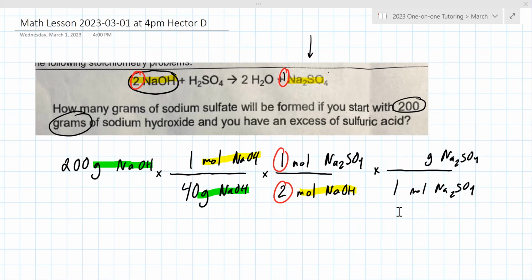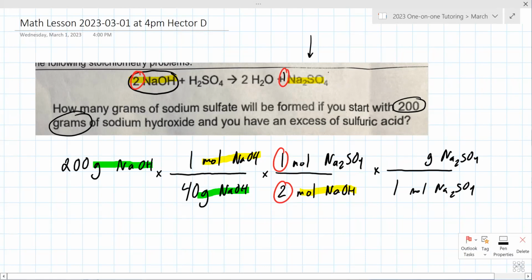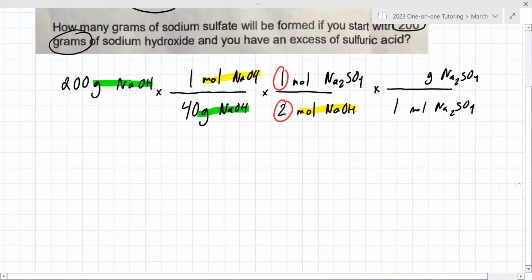Yeah, can we do that with a little bit more detail, please? Sure. So here's what I'm doing. I'm going to make a little table. The table is 2 Na's, 1 S, and 4 O's. Na is 23 grams, S is 32 grams, and O is 16 grams.